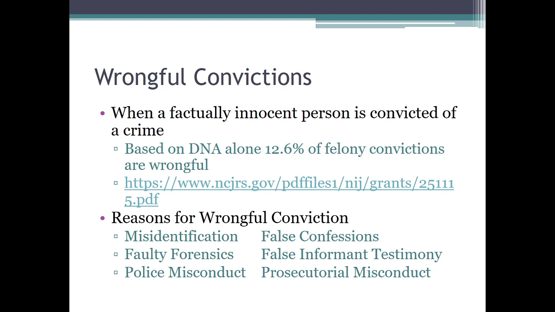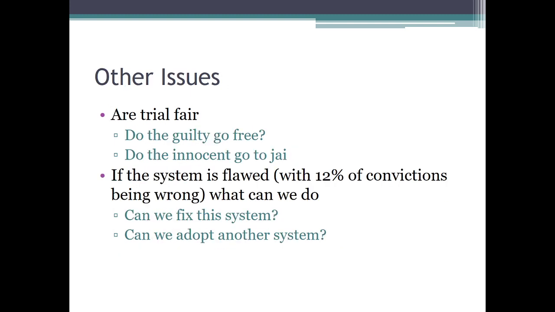Sometimes we have informants who provide false testimony against someone because they're going to receive a material reward or they're going to receive a lighter sentence. Sometimes we have prosecutorial misconduct. Sometimes prosecutors want that conviction so badly, and they really believe that they're helping, not hurting, and the result is an innocent person goes to prison.